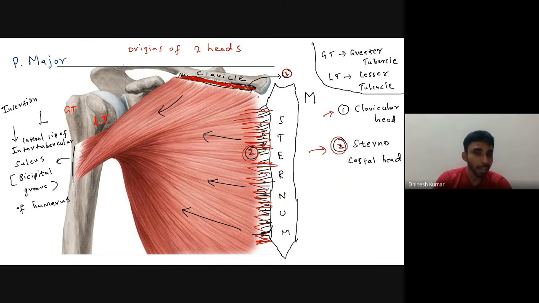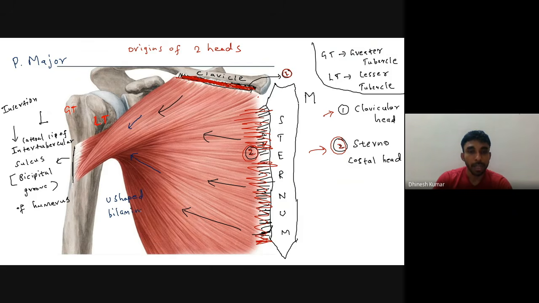Can you see the fibers are passing laterally? They will form one U-shaped bilaminar tendon. Okay, this is called the U-shaped bilaminar tendon.